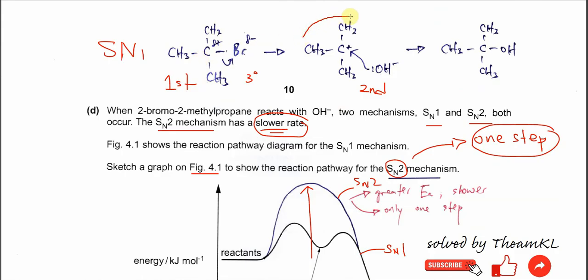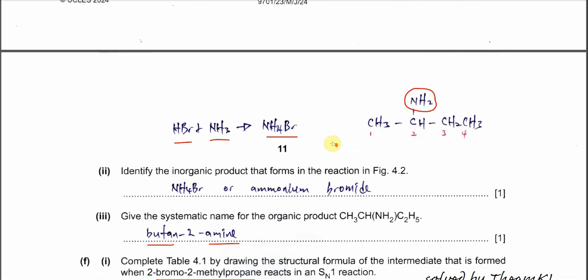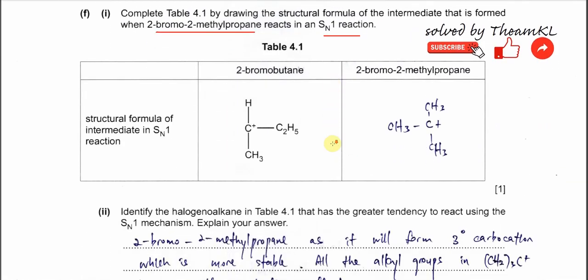So this is the intermediate that is produced. So you just put this structure into the table. Okay, so this is the one. The carbocation with 3 methyl groups. So this one is the tertiary carbocation, and this is the secondary carbocation. So tertiary carbocation is more stable than secondary.